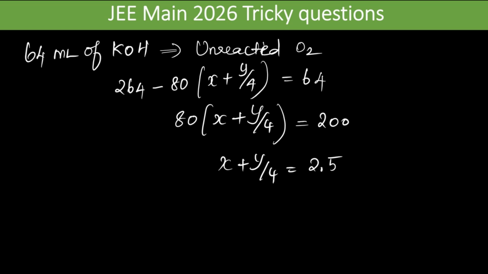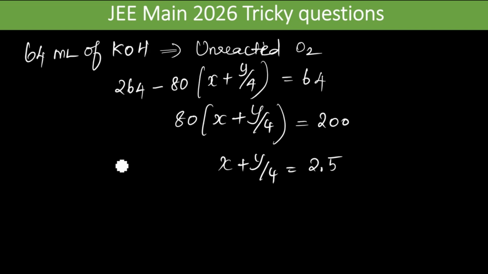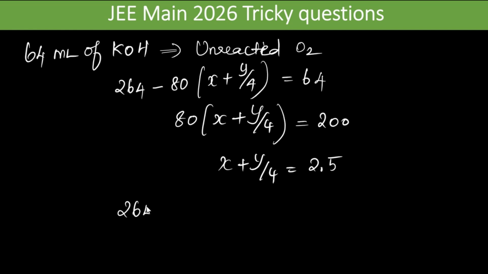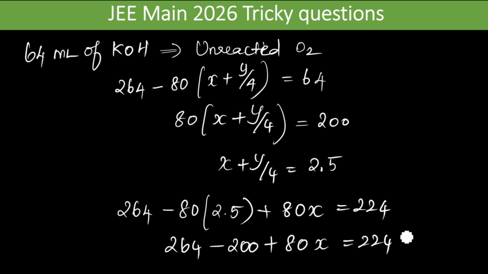So from the first equation, we can substitute the value of x plus y by 4. So 264 minus 80 times 2.5 plus 80x equal to 224, right? So which is 264 minus 200 plus 80x, that is 224.